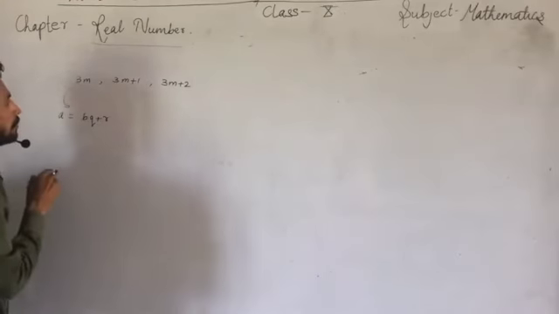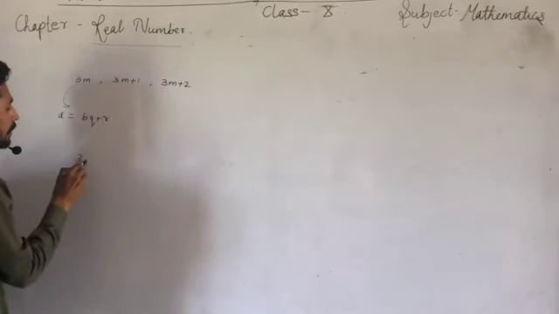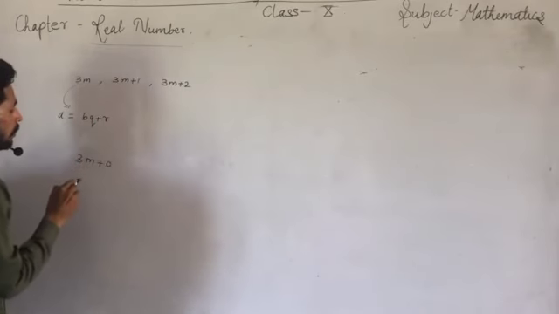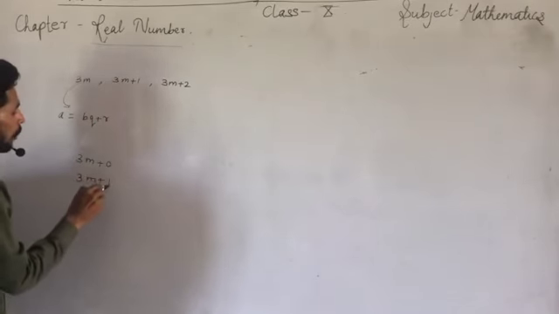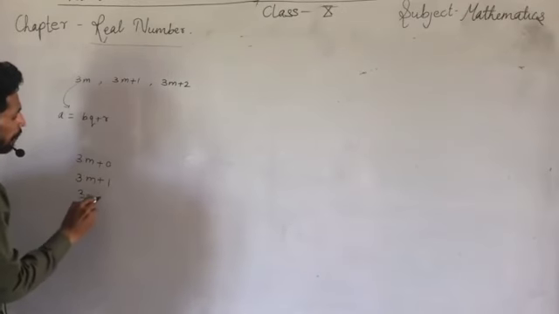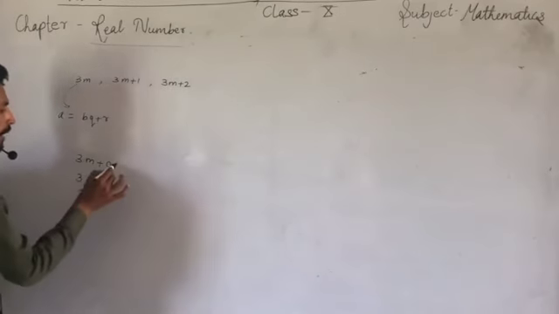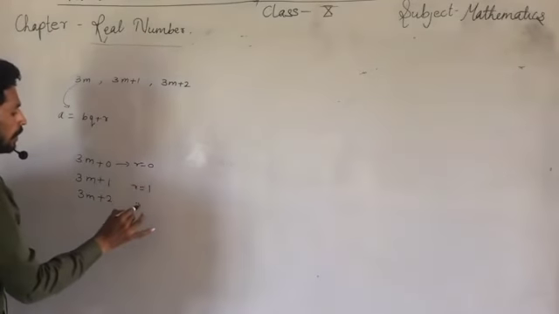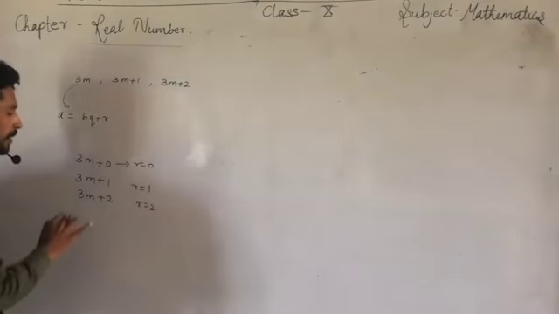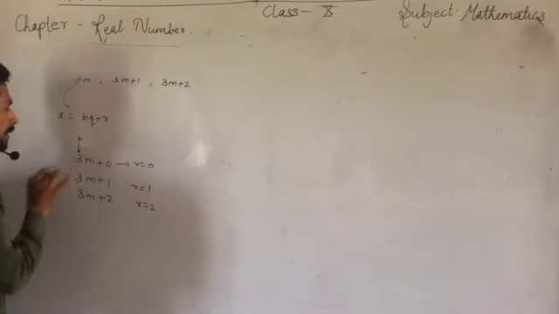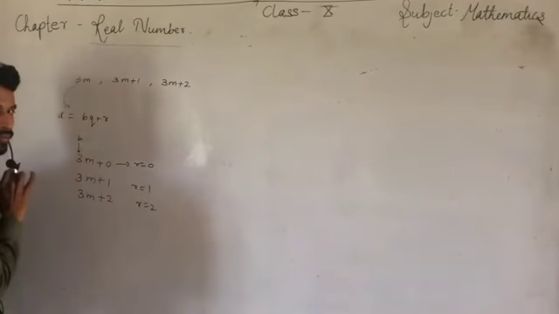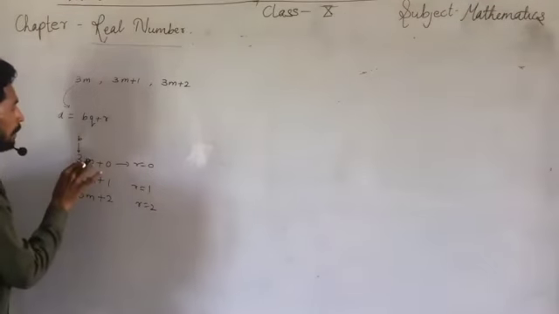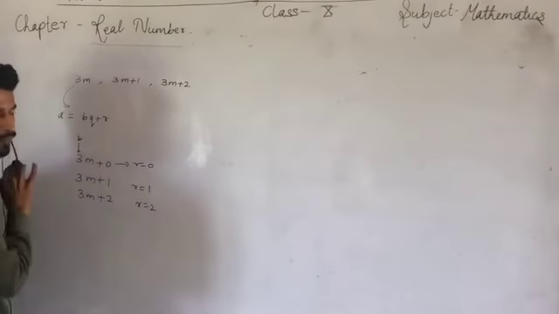Compare: we can write 3m plus 0, 3m plus 1, 3m plus 2. Here R equals 0, here R equals 1 and here R equals 2. In place of B it is 3, 3, 3. Now, in place of Q it is M.